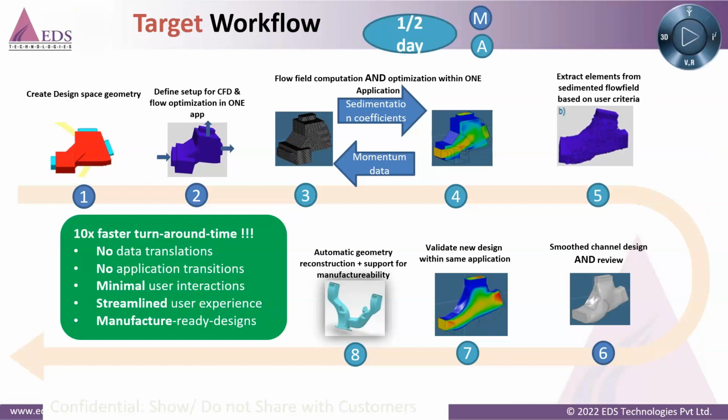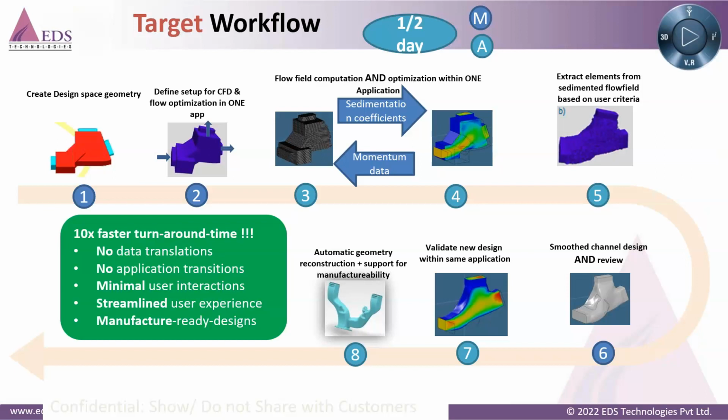The rest, that is flow field computation, optimizing within one application, then extracting the elements from the flow field based on user criteria, smoothing those out, validating the new design by doing some structural validation, and finally creating automatic geometry reconstruction, is all automatic. And this whole process can be completed in half a day without data translations, no application transitions, minimal user interfaces, as well as a streamlined user experience and manufacturable-ready designs.